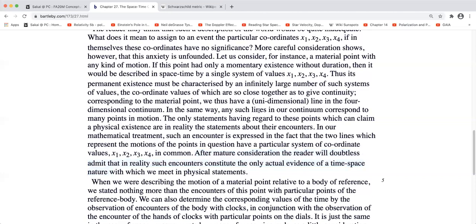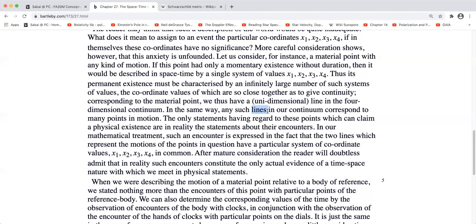Just in case you're not clear, when he talks about lines here, what he's talking about is the trajectory of, for example, a moving particle. You can imagine a particle moving, and if you were to take a crayon and follow the motion of the particle, you can imagine that you form these curved trajectories, right?